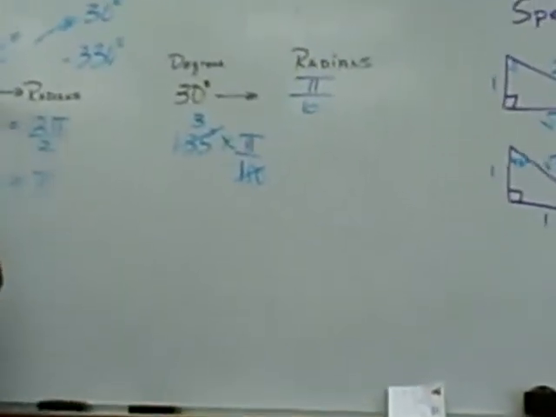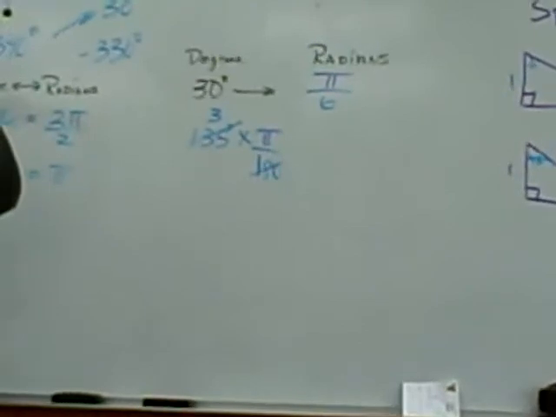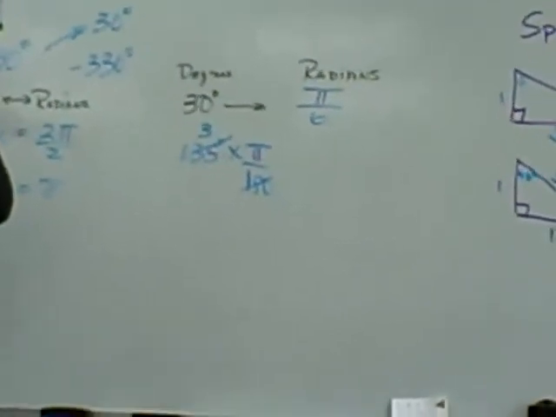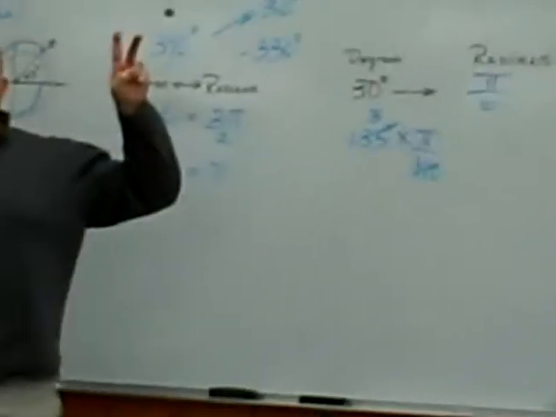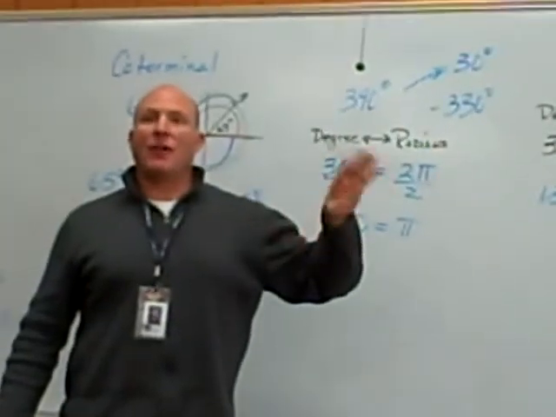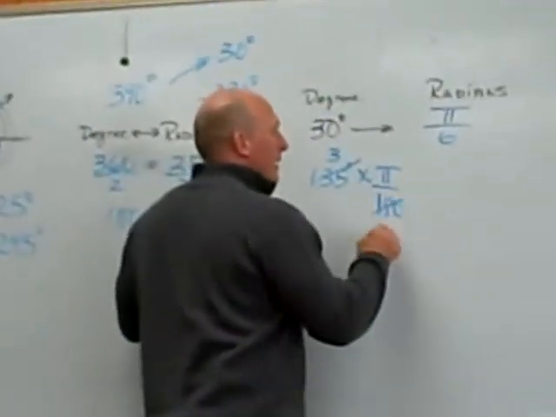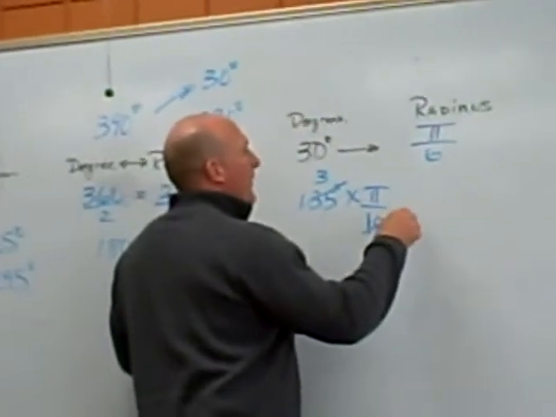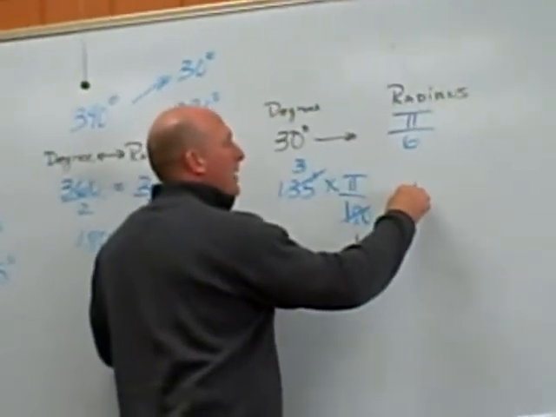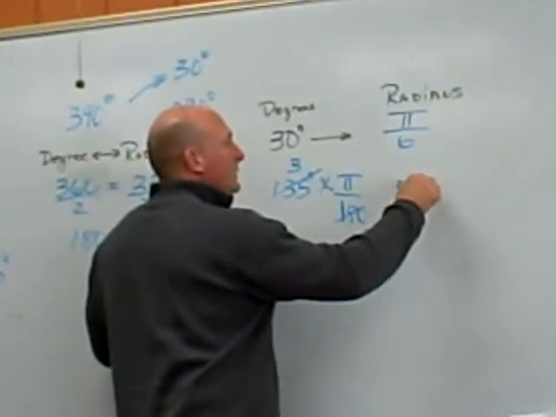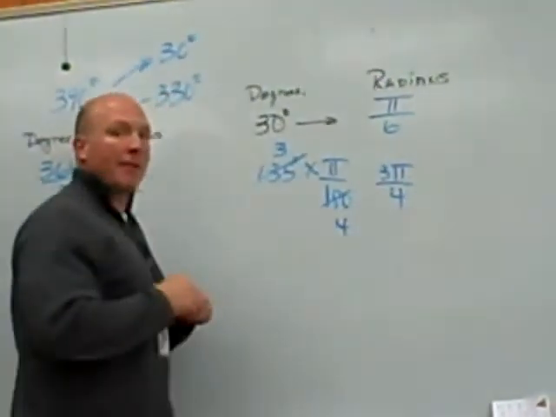Well, think about it logically. Do you agree there's two 90-degree angles in 180? Do you agree there's two 45s in each 90, for a grand total of four? So 135 degrees would convert to 3 pi over 4.